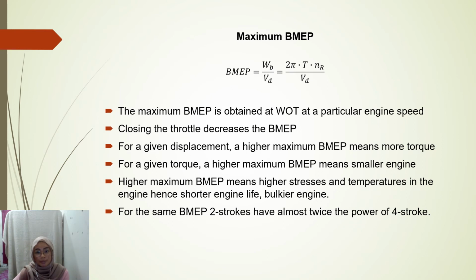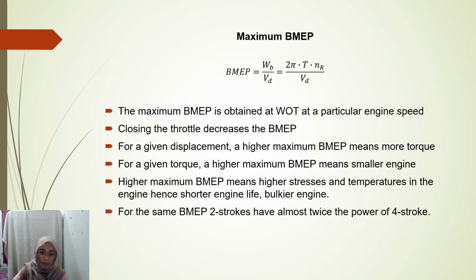Let's move on to the maximum BMEP. So the maximum BMEP is obtained at wide open throttle at a particular engine speed. Closing the throttle decreases the BMEP. For a given displacement, a higher maximum BMEP means more torque. For a given torque, a higher maximum BMEP means a smaller engine.